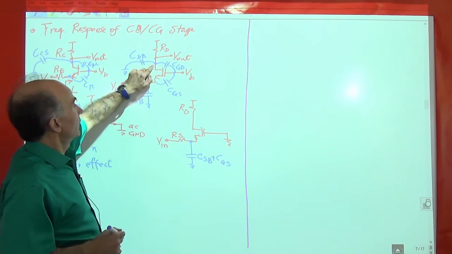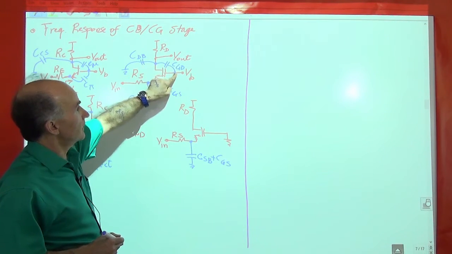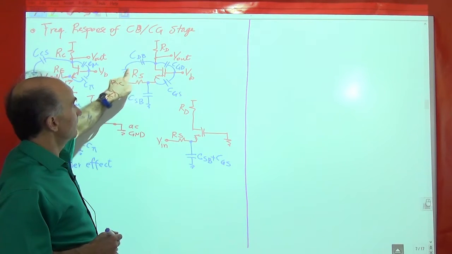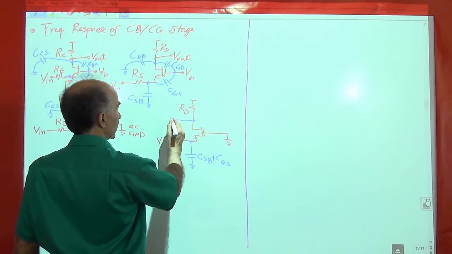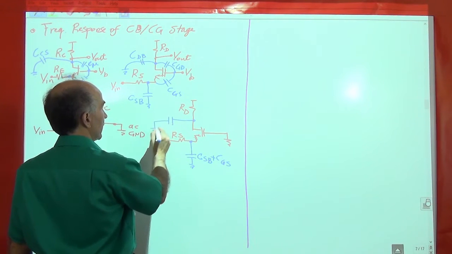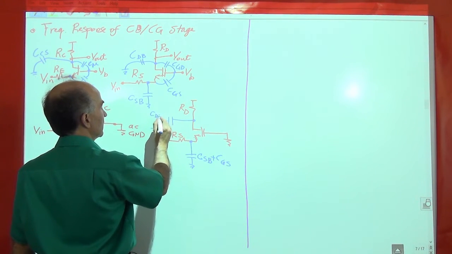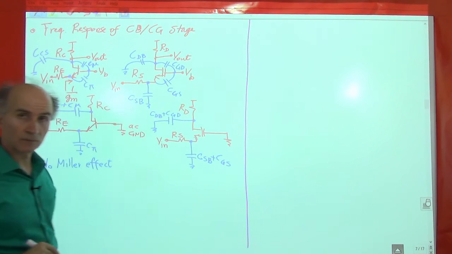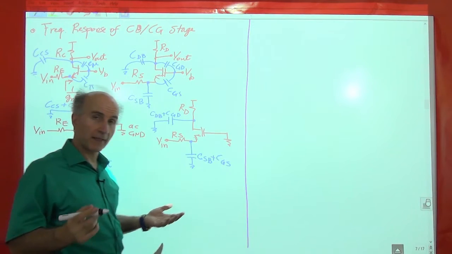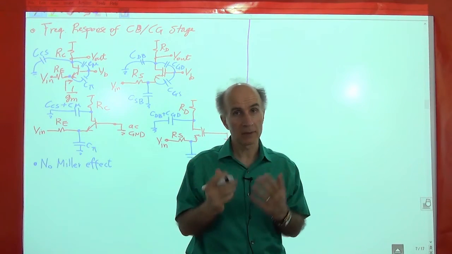Let's go to the output node. I have CGD to AC ground and then CDB to AC ground. So again, they add up. So we'll put that here. And we call it CDB plus CGD.